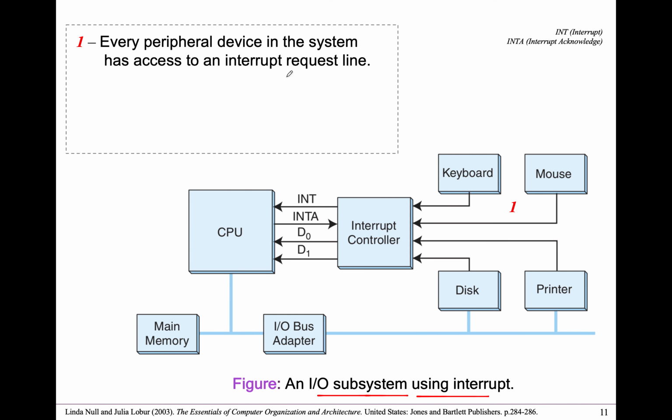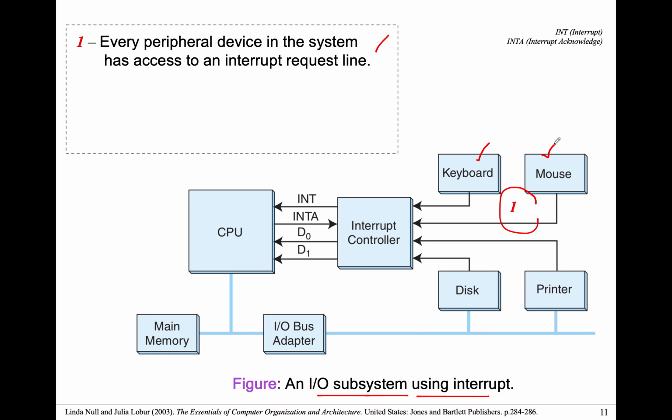So what you're going to see over here, first, every peripheral device in the system has access to an interrupt request line. So this is the first and the starting point. As you know, keyboard and mouse are the input devices, isn't it?